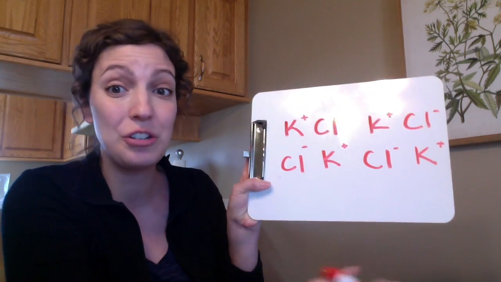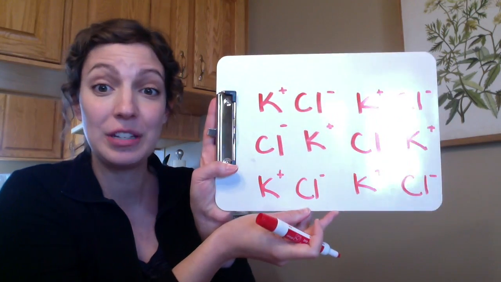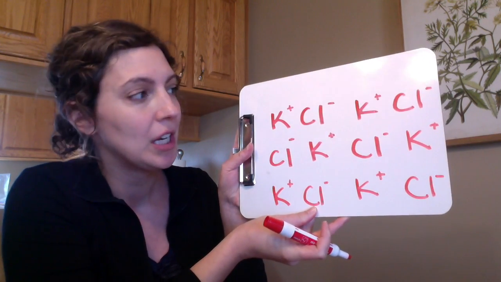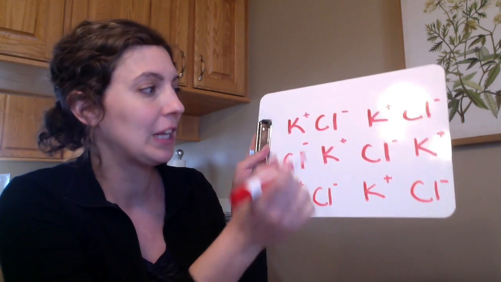And so this, I could just keep building this out, right? I can add in more and more potassium and chlorines, and it just gets bigger and bigger and bigger, and my extended structure gets bigger and bigger and bigger.